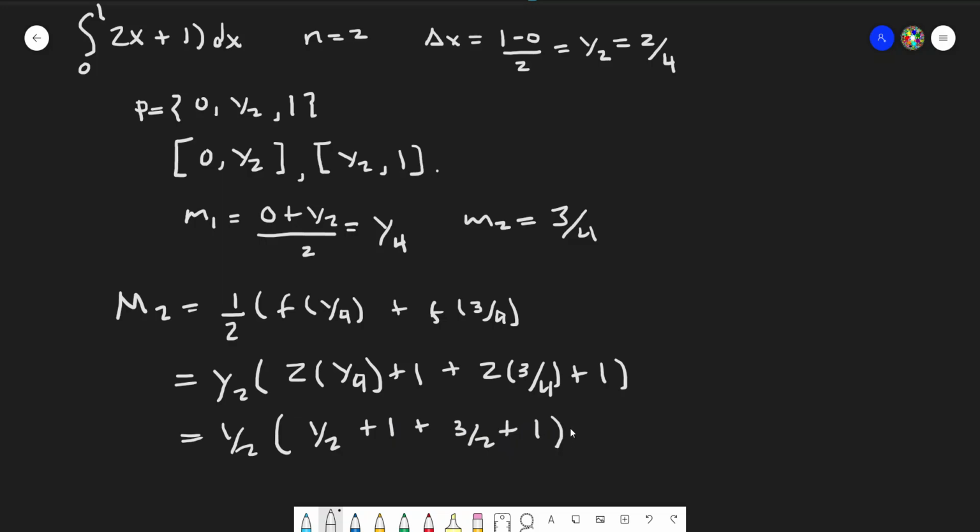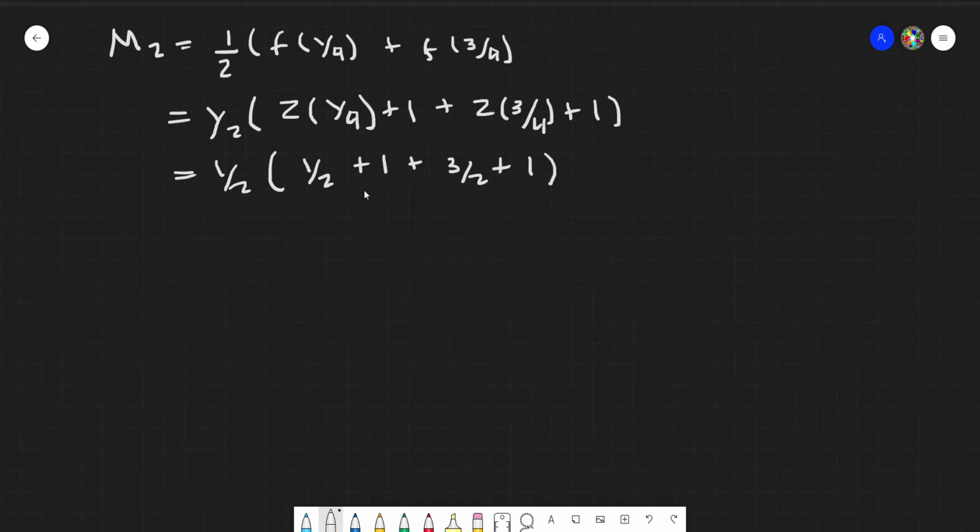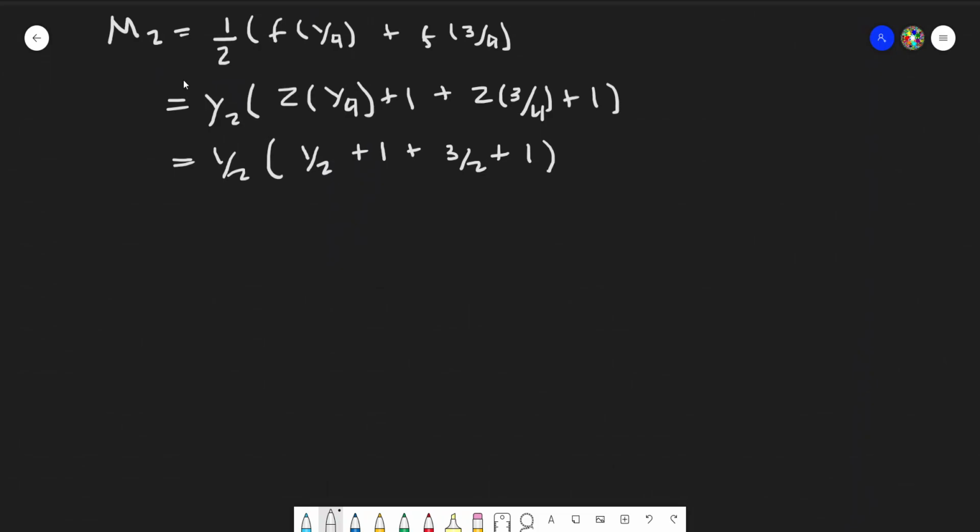Now, the midpoint sum with two subintervals: 3/2 plus 1/2 is 4/2, which is just 2.